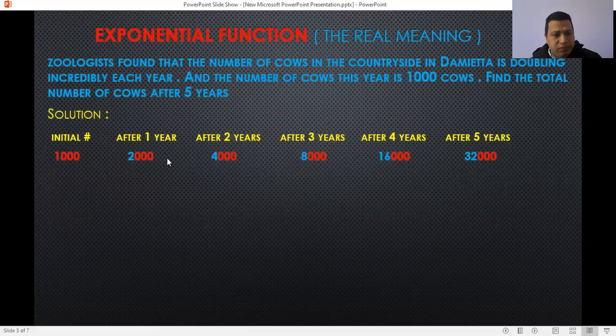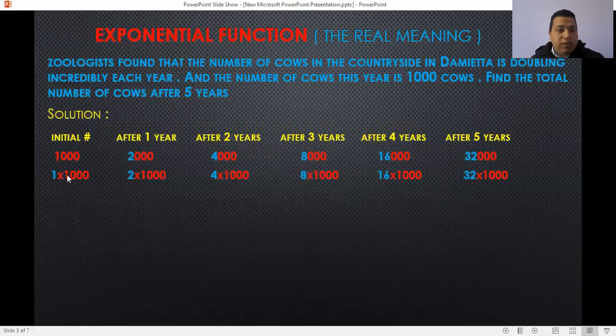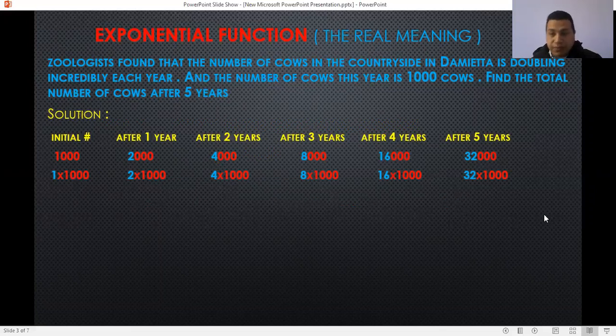If you look intently at these numbers, you will find out that these numbers are multiples of 1,000. And then we can rewrite these numbers in the form 1 times 1,000, 2 times 1,000, 4 times 1,000, 8 times 1,000, 16 times 1,000, 32, and so on.